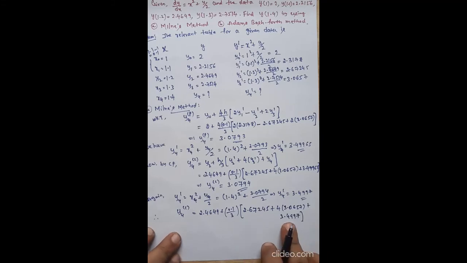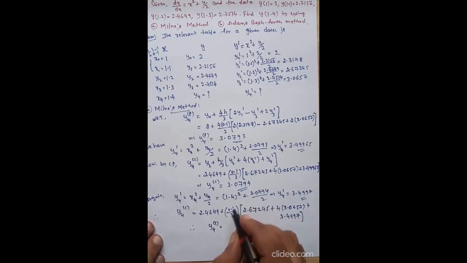So the last value is changed. Use your calculator and calculate this. We get y4 power c equals, the same answer will come. It is 3.0794. Whatever you got the first time in the corrector formula, the same answer will come once again.